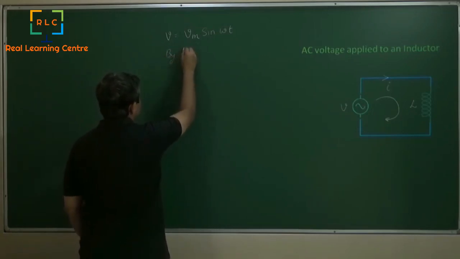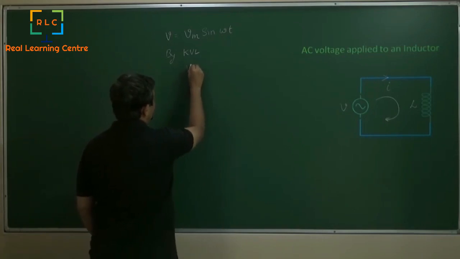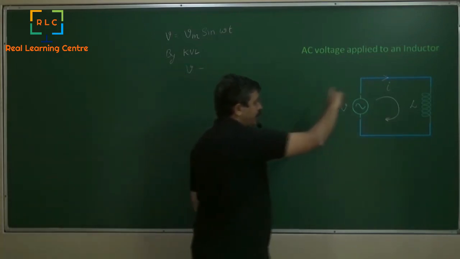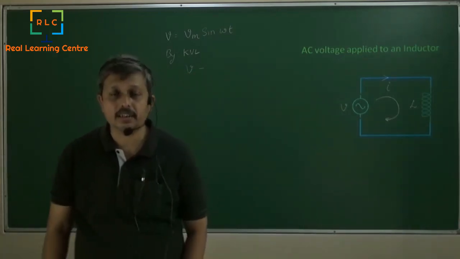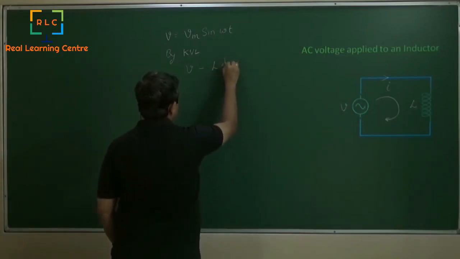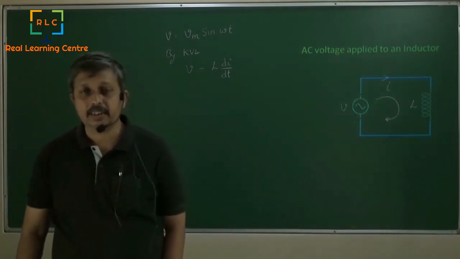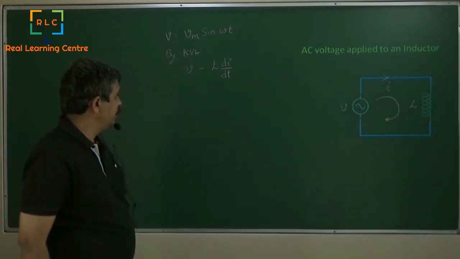We can write V minus, when you go this way, the voltage across an inductor is L into di by dt, which we derived in the last section on electromagnetic induction.